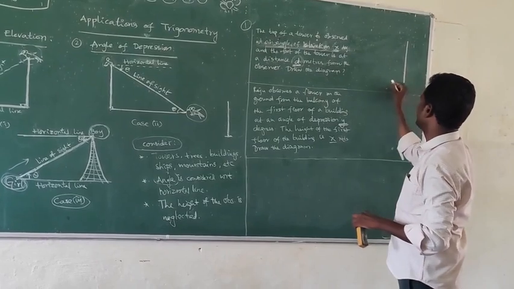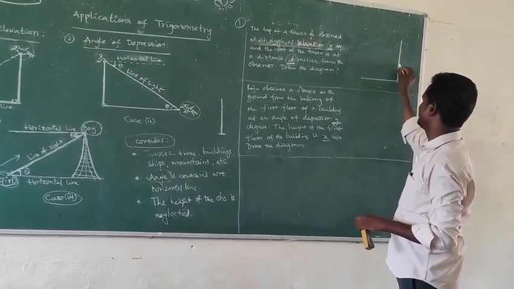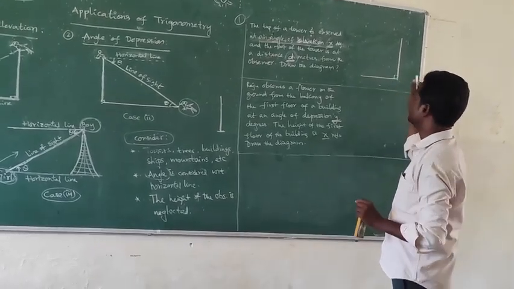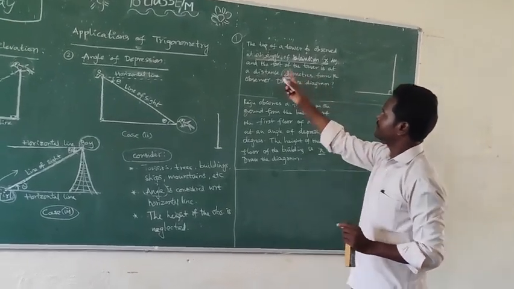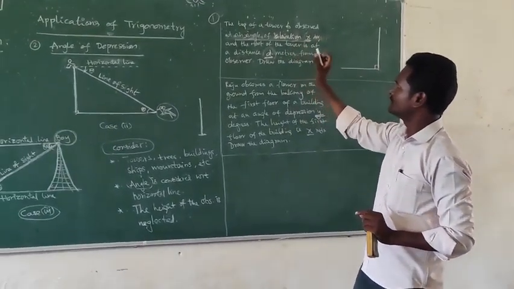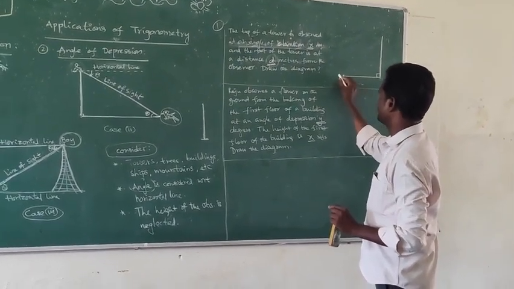A tower is always standing on the floor, so the tower and the floor form a right angle. This is the first thing. And here the angle of elevation is x degrees. Suppose an observer is here.